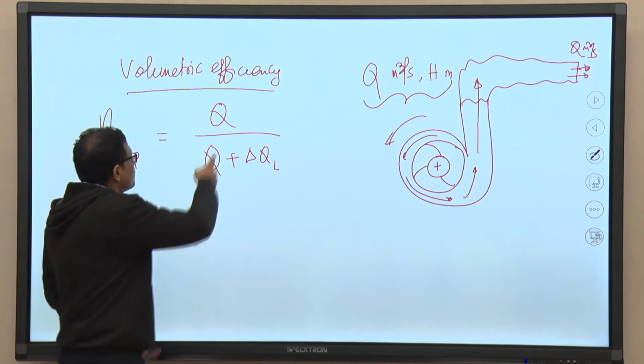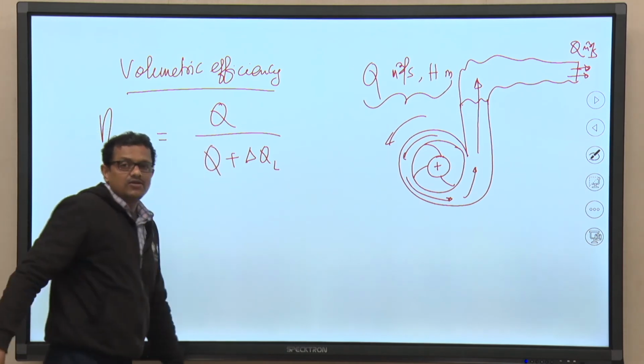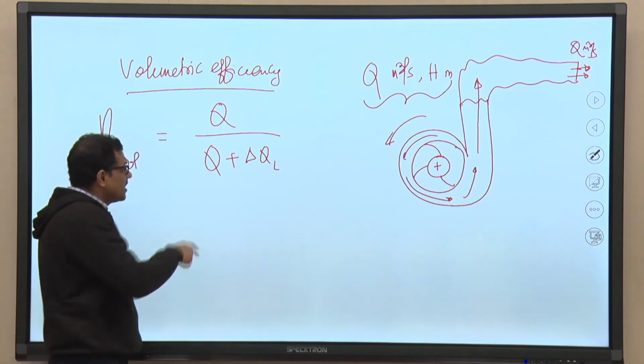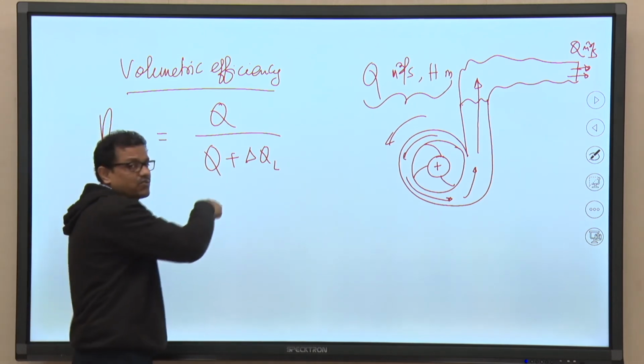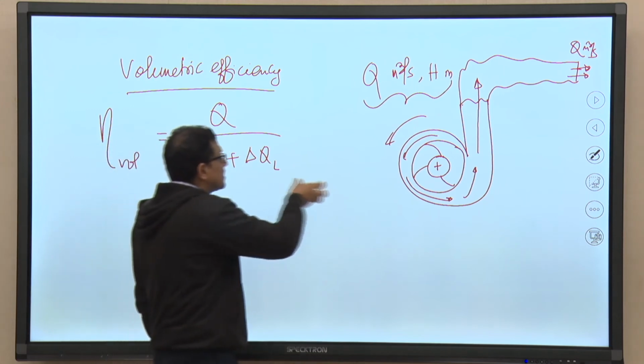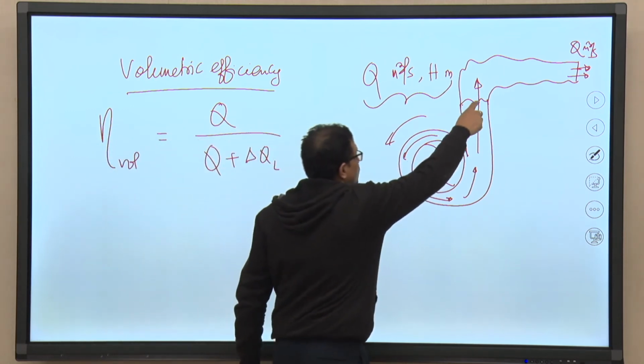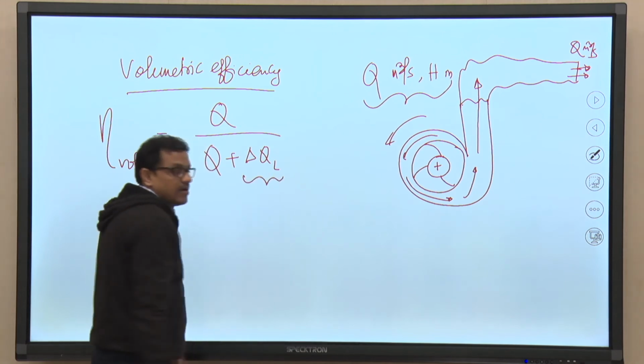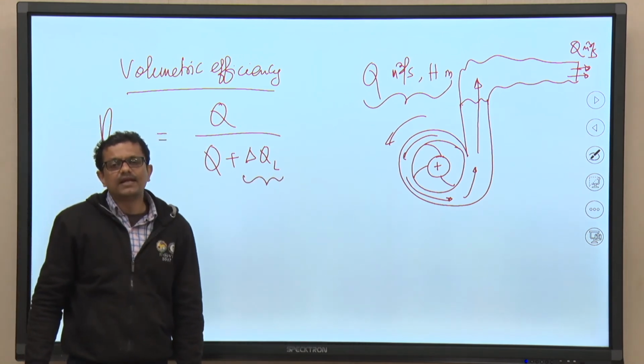So, the ratio between actual flow rate to the ideal. Ideally the pump should be able to deliver this quantity, but because of this leakage through casing, through joint, this delta QL amount might not have been delivered.